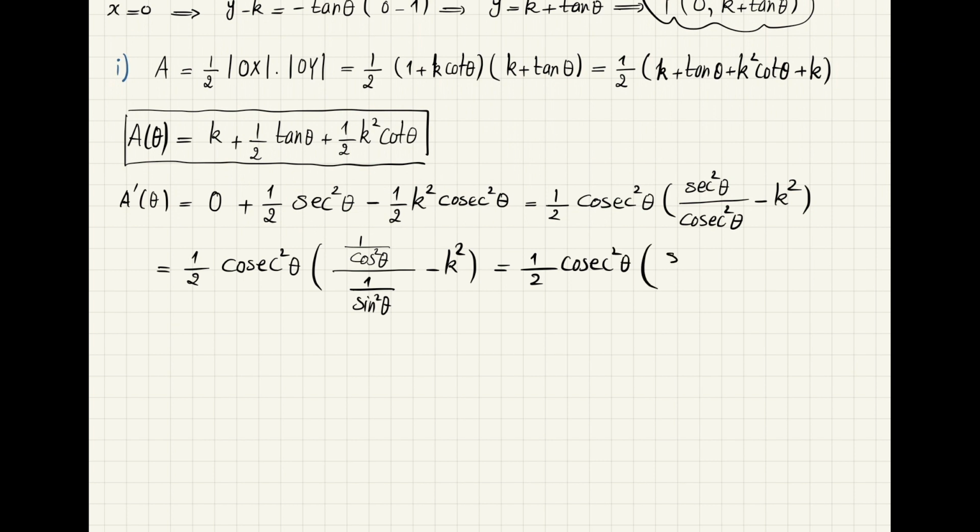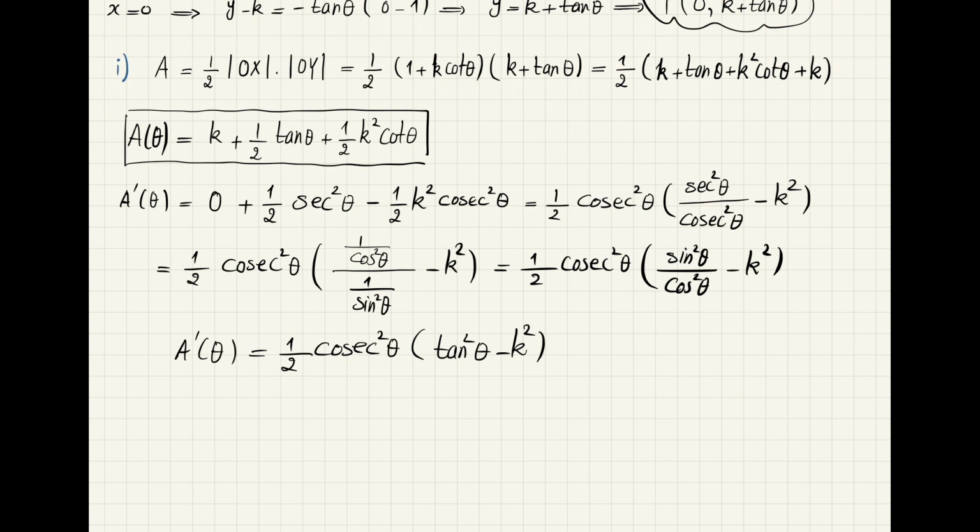And then this becomes sine to the 2 theta divided by cosecant to the 2 theta minus k squared. Yes, so here this will be multiplied by 1, this will be multiplied by 1, so I will get this expression. But this is very famous, this is just tangent to the 2 theta. So then it means that I have my derivative, so the derivative is 1/2 cosecant to the 2 theta, and then I have tangent to the 2 theta minus k squared.